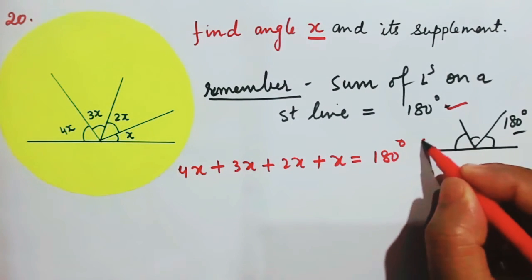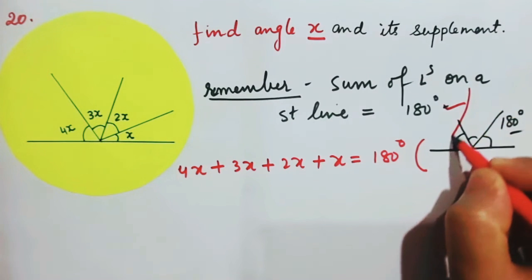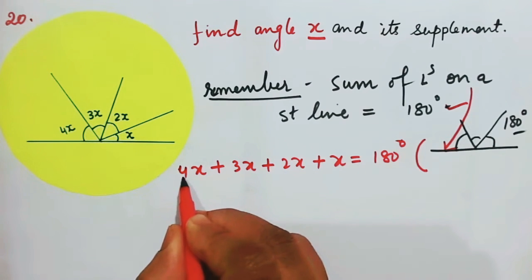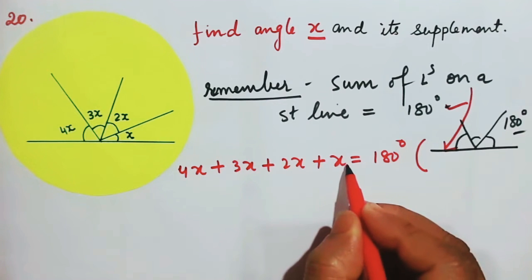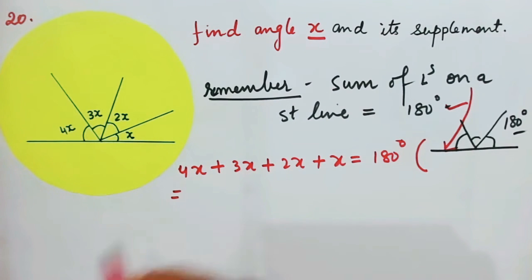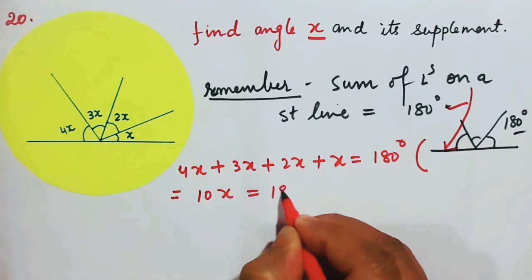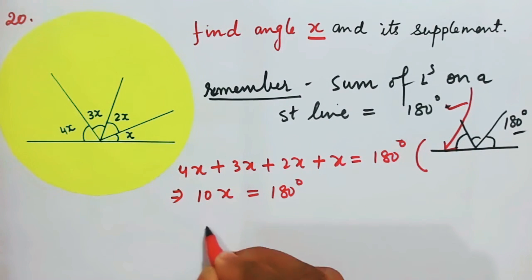Now, let us add them. 4x plus 3x plus 2x plus x will be equal to 10x. 10x is equal to 180 degree.